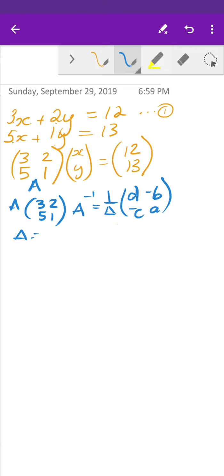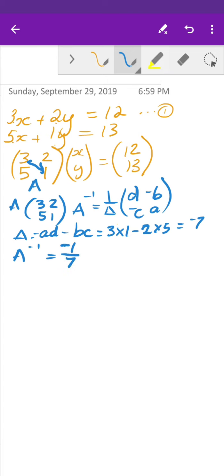So the determinant is AD minus BC, which is 3 times 1 minus 2 times 5. So that's negative 7. Our determinant is going to be 1 over negative 7. We swap A and D over, and we change 2 into a negative 2 and 5 into a negative 5. Okay, that's the inverse of A.